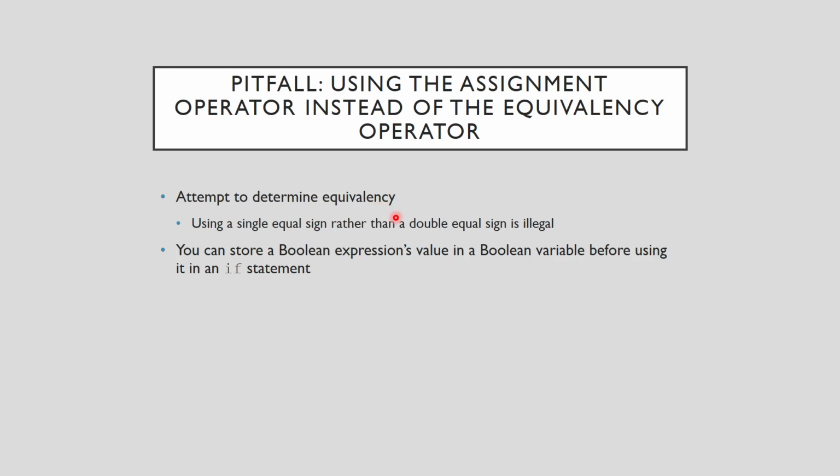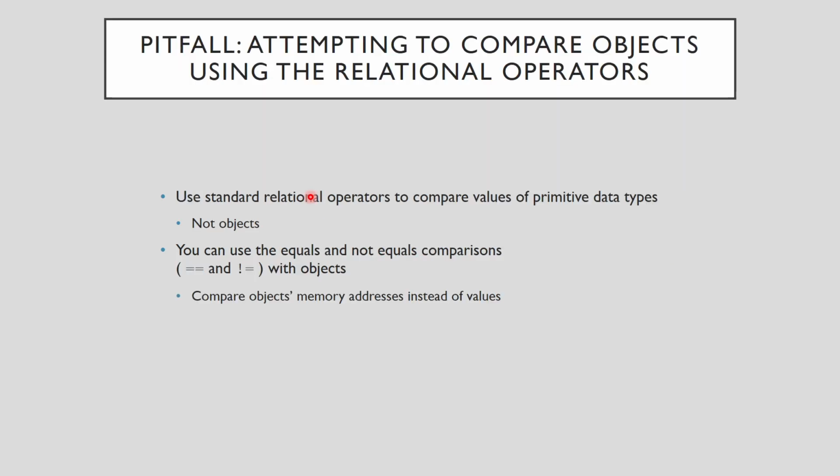Another one is mistakenly putting an equal sign instead of a double equal sign. And use the standard relational operators to compare the values of primitive types, like less than or equal to, greater than or equal to.